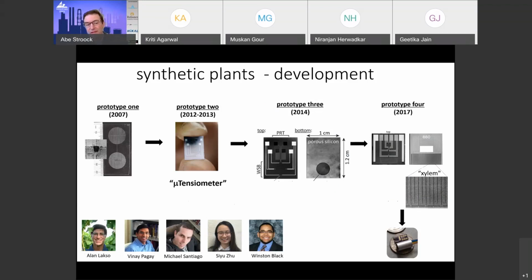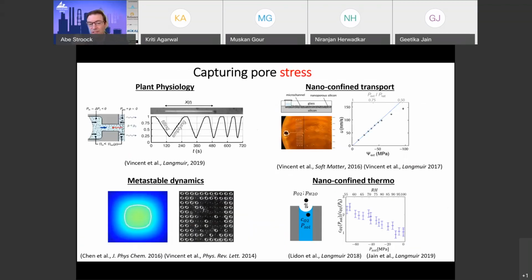Very briefly, by building what are essentially micro-nanofluidic systems, we've been able to look at how the architecture of plants is the biophysical basis for how it controls dynamics in the presence of phase behavior and the general thermodynamics.